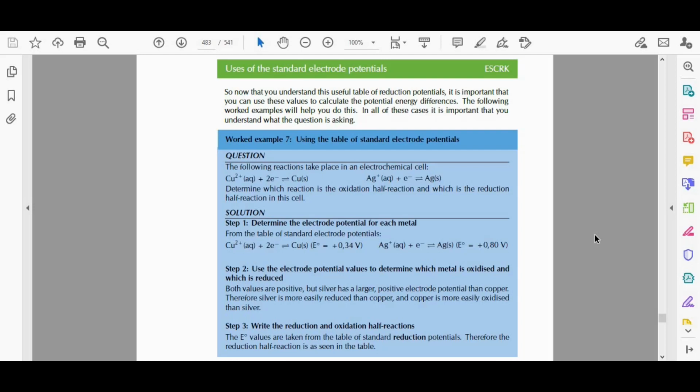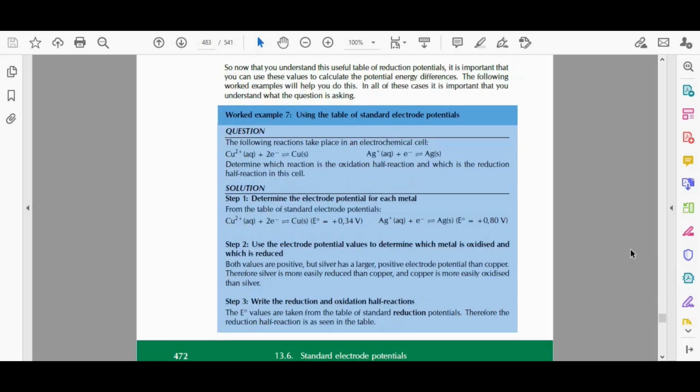What you have to do is look for the one that's more strongly positive, with the larger positive value, and in that case it was silver. When I teach you how to read the table, I'll show you how I would have known that without even comparing values. So silver is more easily reduced than copper, and copper is more easily oxidized than silver.